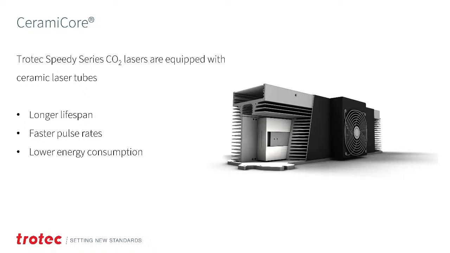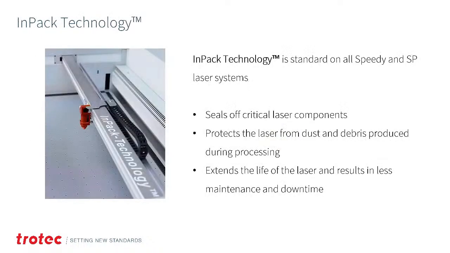So being able to run much longer, use less energy, and pulse faster allows these laser systems to both last longer as well as produce more products for the time that the laser is operating. This is built into the laser system, and it's going to give you that durability, longevity, and quality. It really sets Trotec laser systems apart from any of the competition because they don't have this technology.